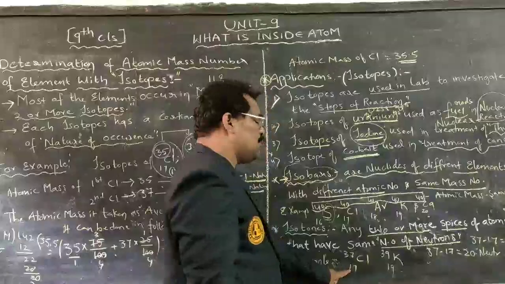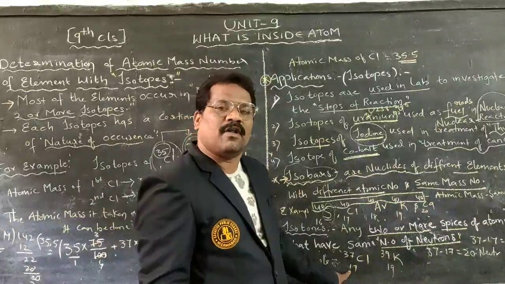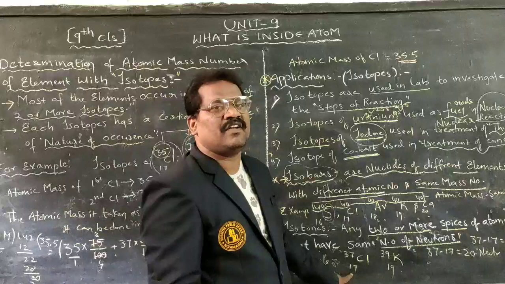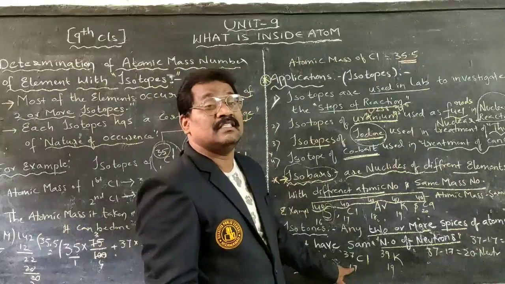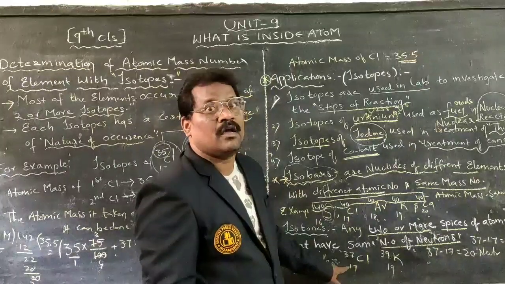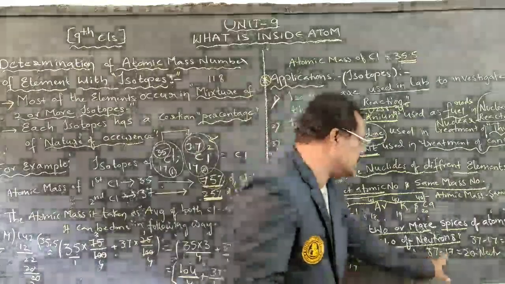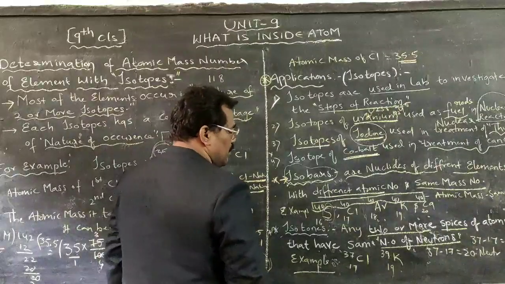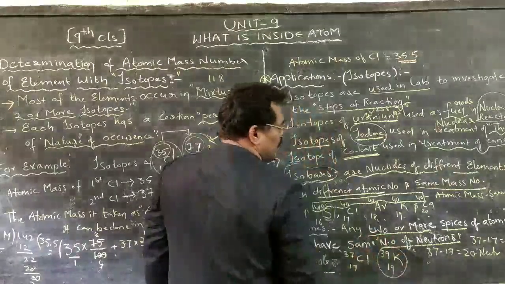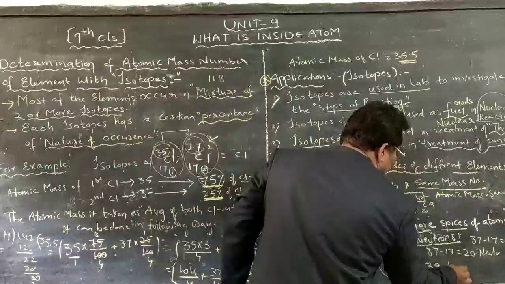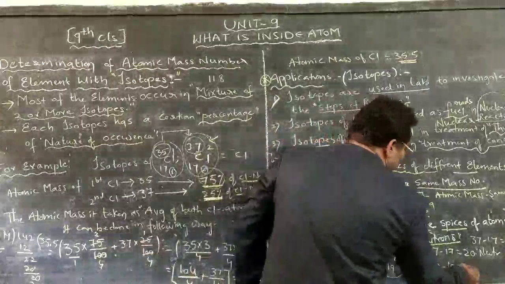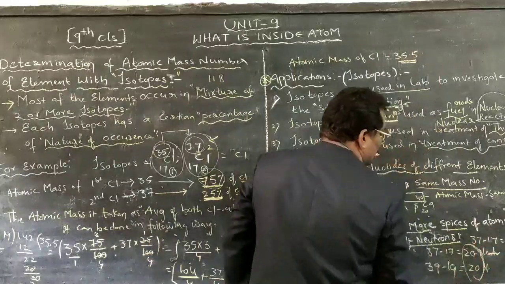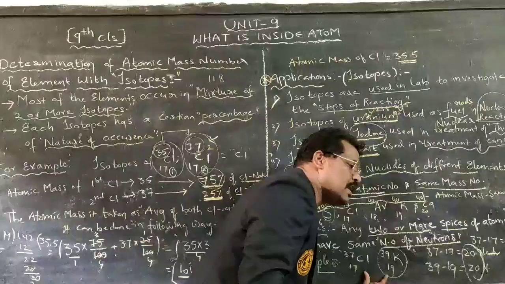Why? Atomic number is the number of protons existing within an atom, or the number of electrons. A minus Z gives the number of neutrons. Therefore, 37 minus 17 is equal to 20 neutrons. Similarly, for potassium, 39 minus 19, the number of protons is 19, therefore 20 neutrons exist. So the same number of neutrons exists in two different elements.